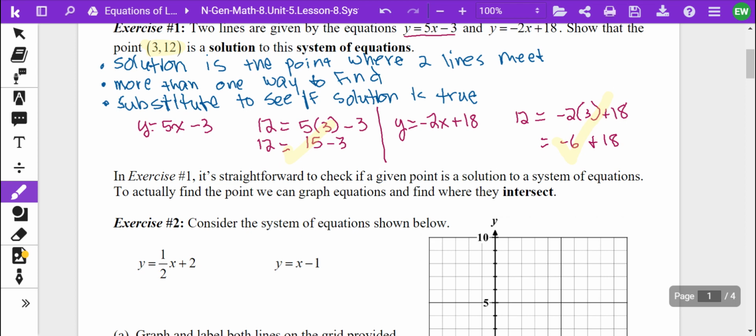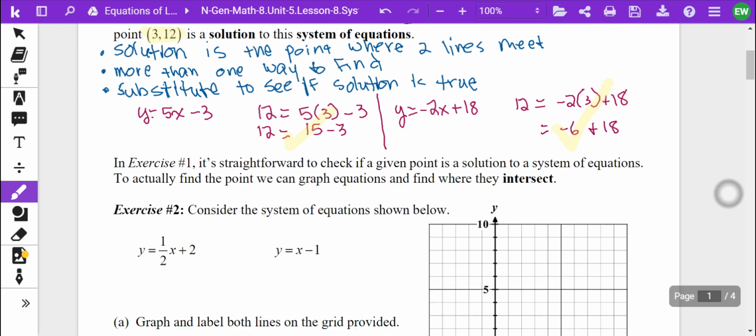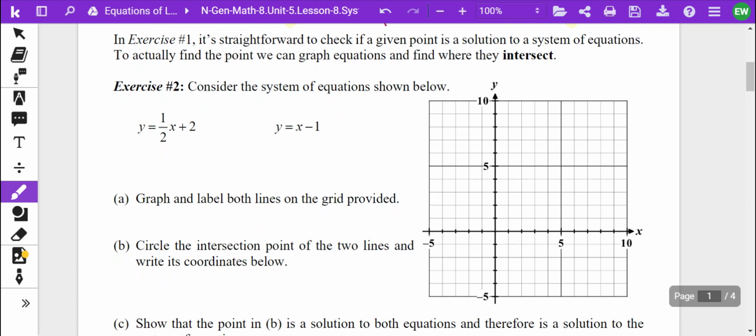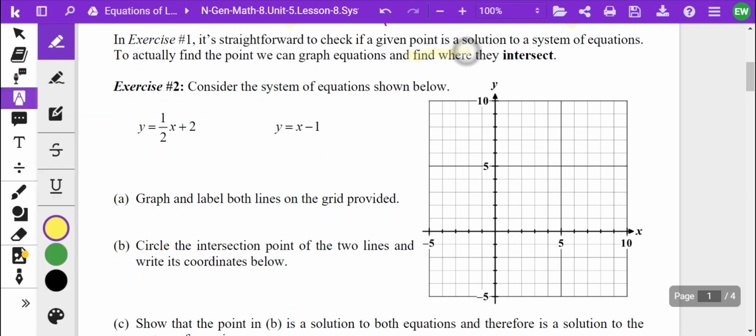So finding the point on the graph is actually just as simple. We're going to be graphing lines. So to find that point of intersection, we actually have to just graph. So for exercise 2, we have two equations right here.